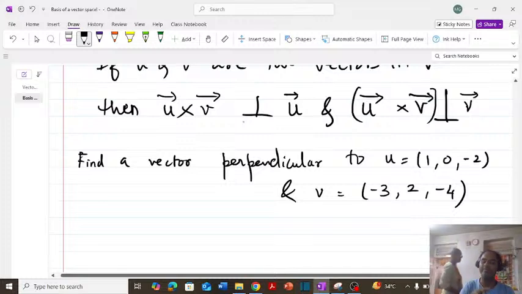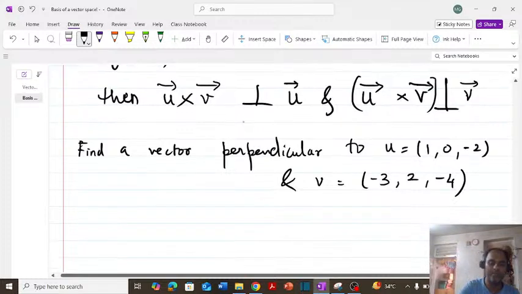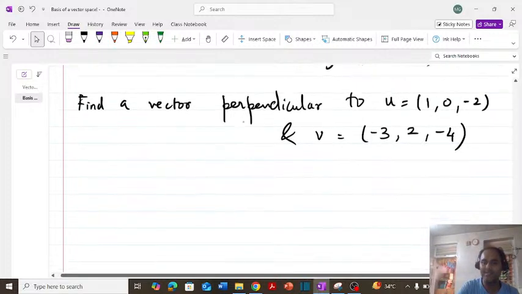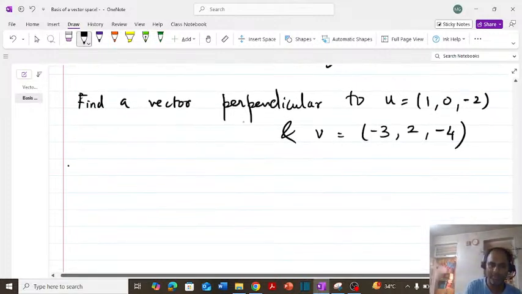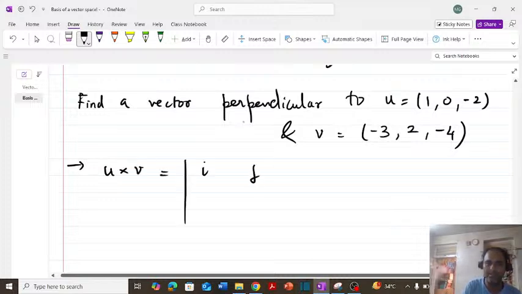So we have to find a vector perpendicular to these two. So basically the cross product you have to calculate. So u cross v is nothing but i j k, you take, and that will be your answer.